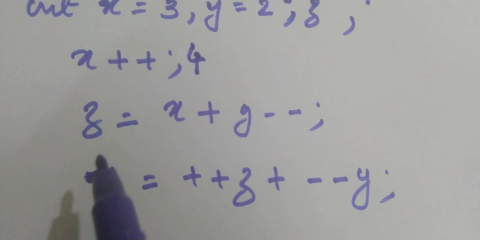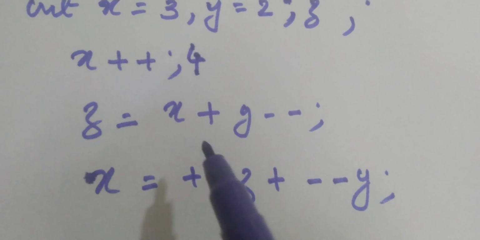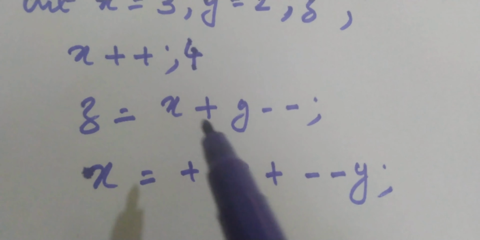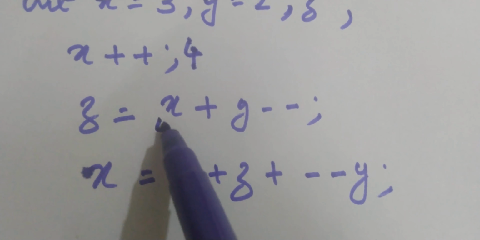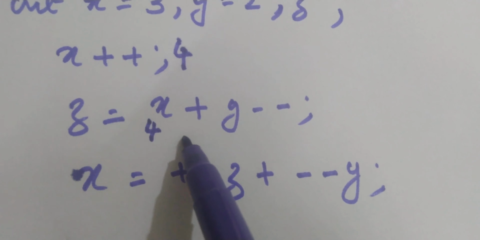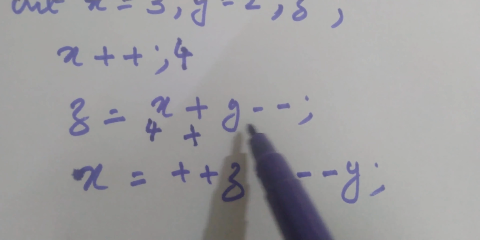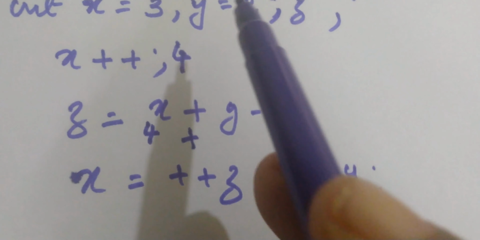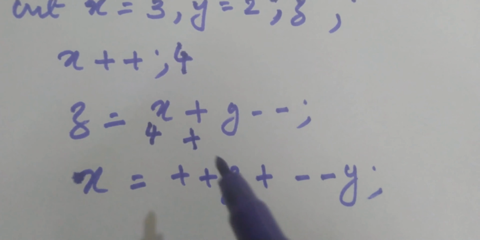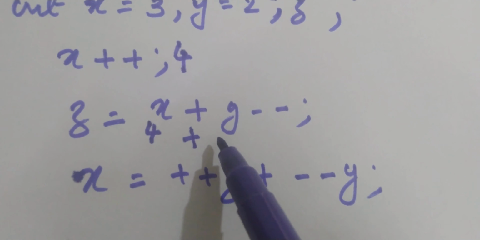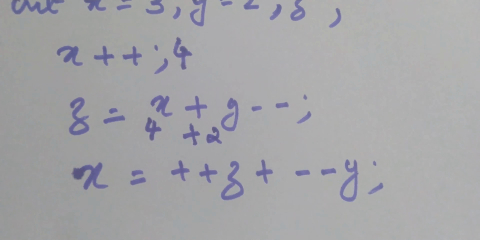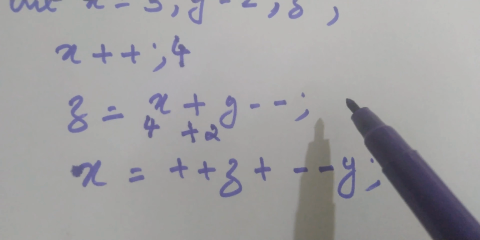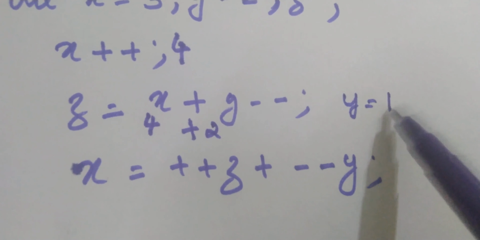And in the next expression, z equal to x plus y minus minus. So the value of x is 4 plus, here the post decrement operator is used. So the old value of y will be substituted into the expression, and after that y gets decremented to 1.